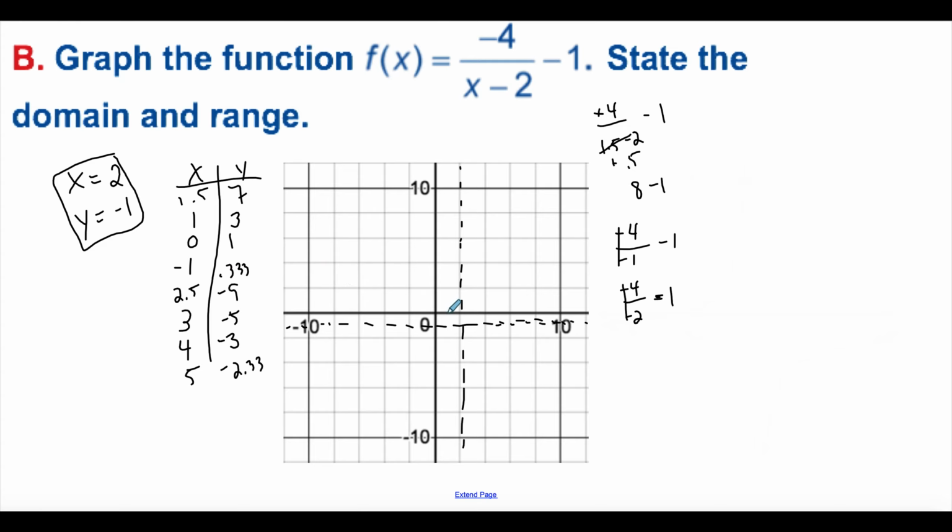So 1.5, there's 1.5 is right here, 2, 4, 6, 7. So we're about there. And then 1, 3, we're there. 0, 1. And negative 1, 1/3. Okay. And I know that we're going to approach this line.